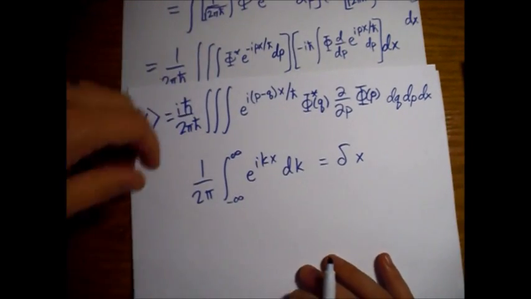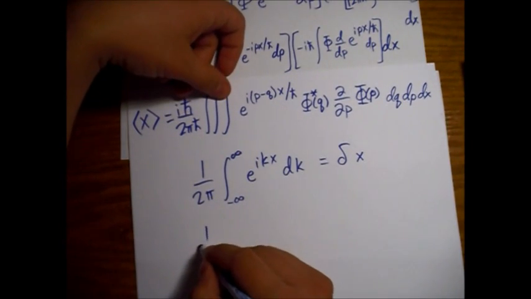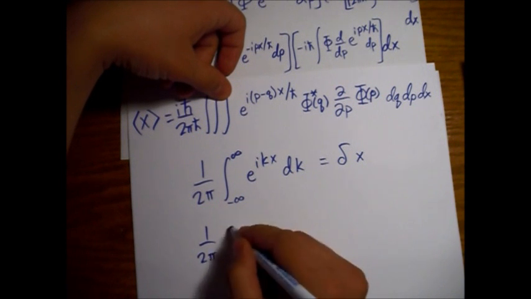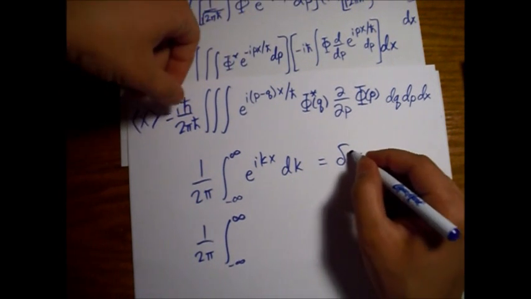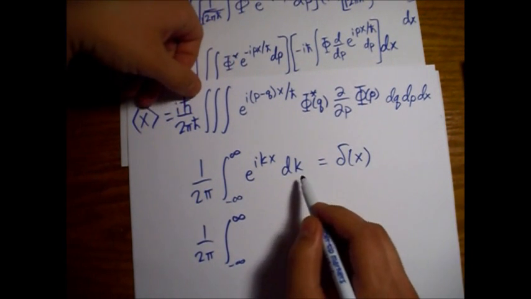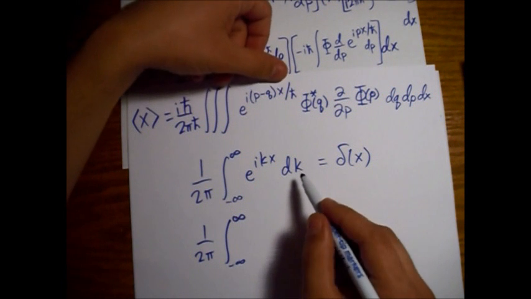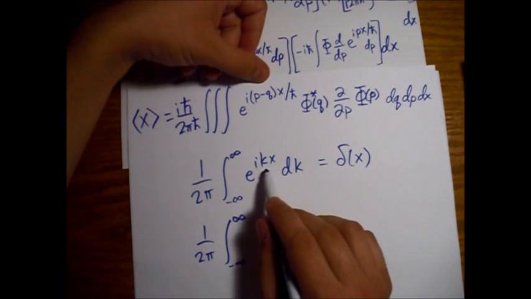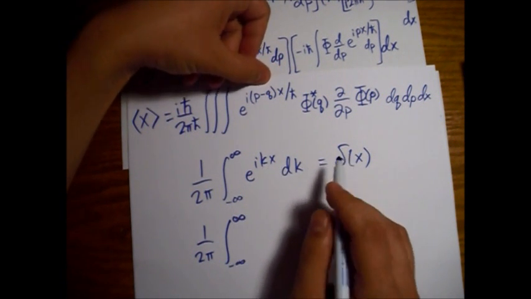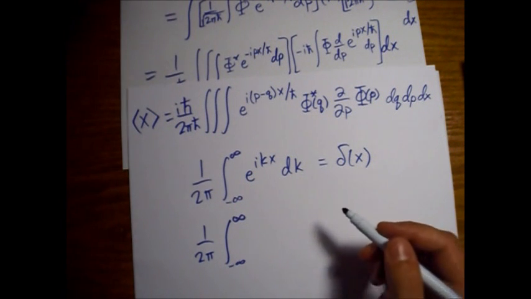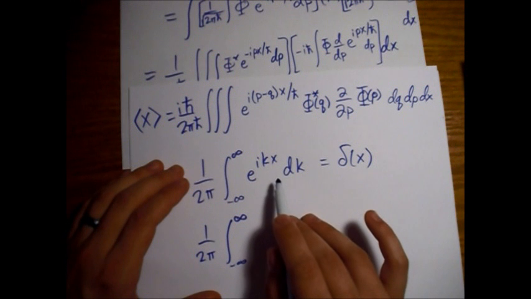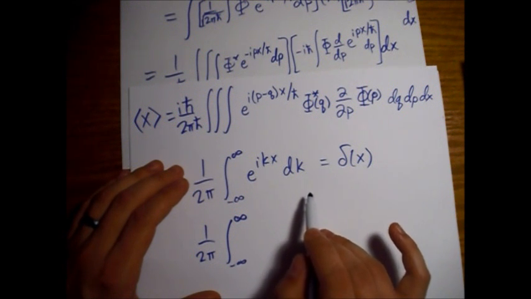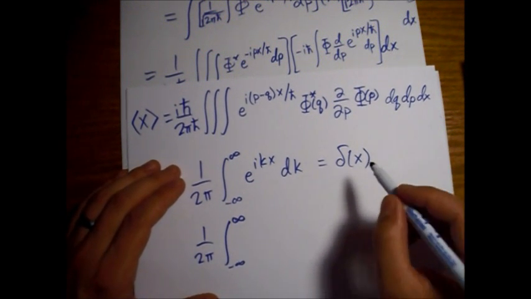So I'm going to rewrite this as 1 over 2 pi, this integral. It's kind of confusing because k is x, or x over ħ rather.